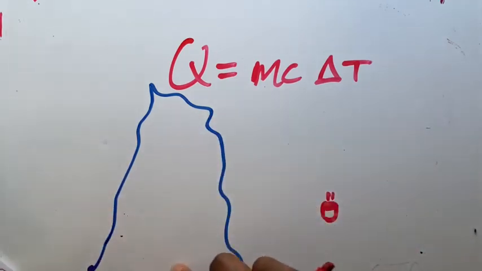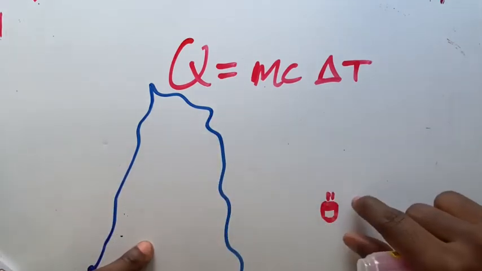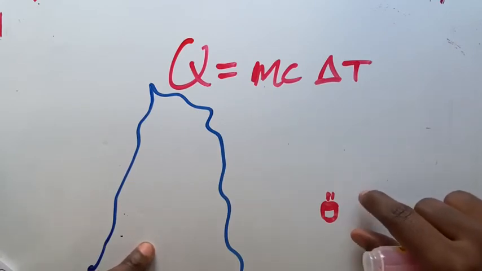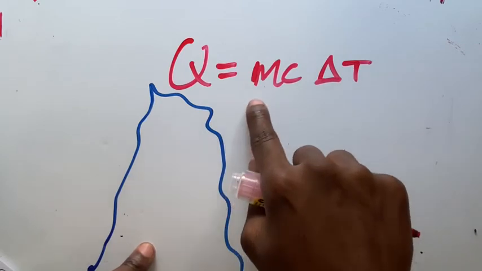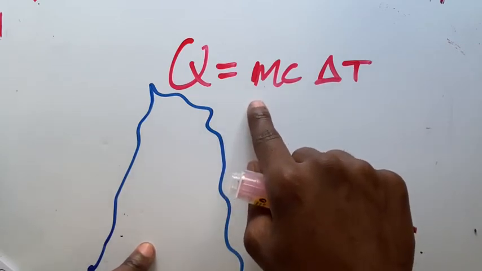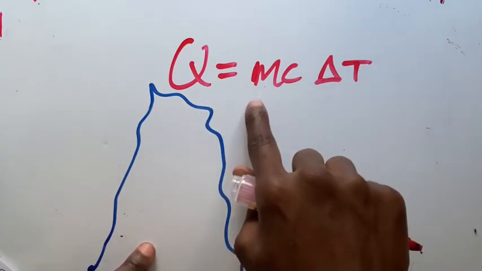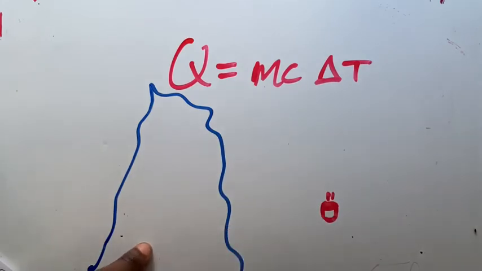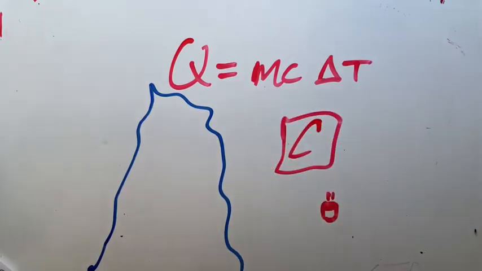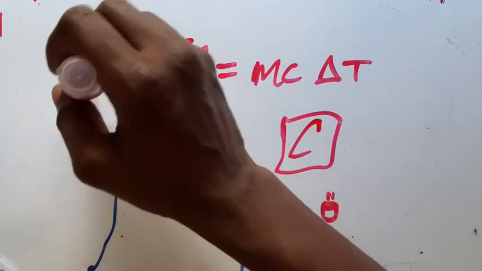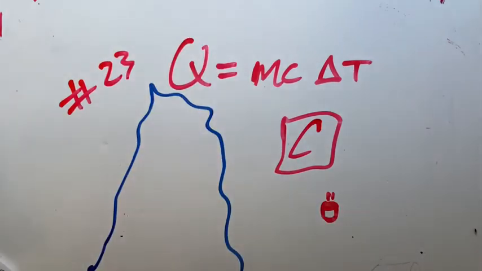And this iceberg, since it's so massive, has more thermal energy than this small cup of coffee, even though the small cup of coffee has a higher temperature, because of this M here that's in the heat equation. So this M is way bigger for the iceberg. So the answer is going to be C for number 23.